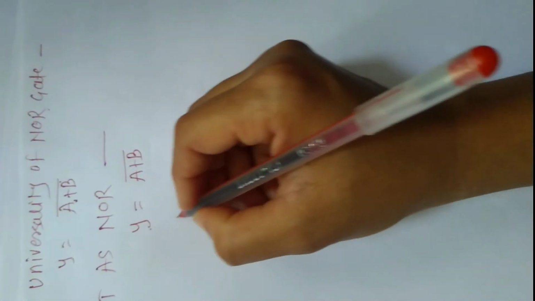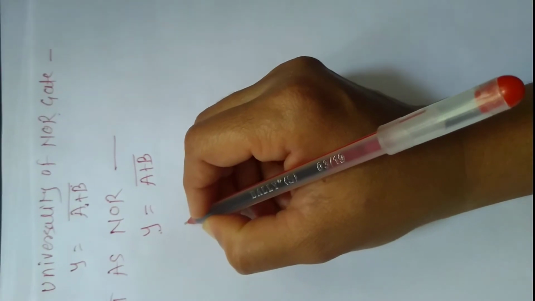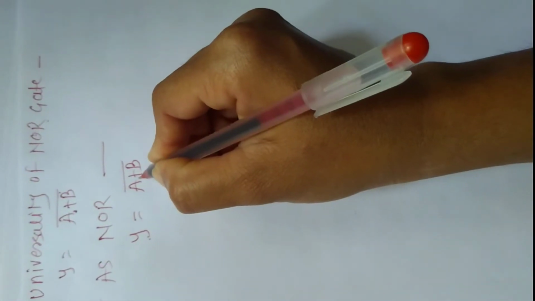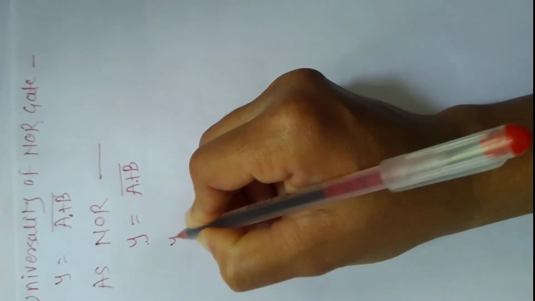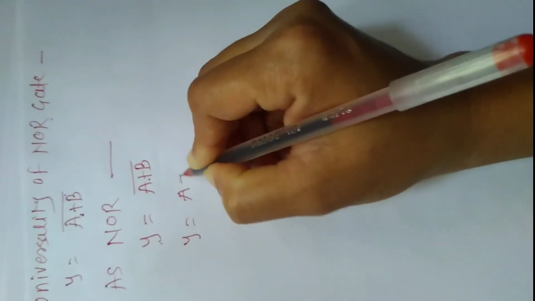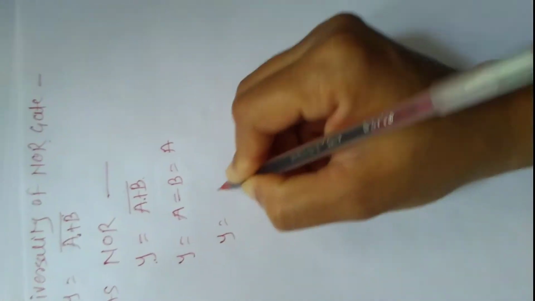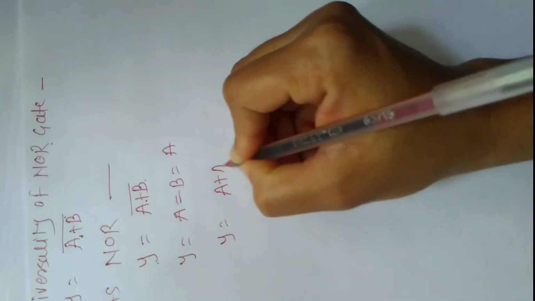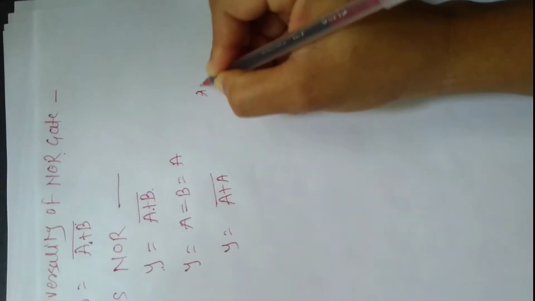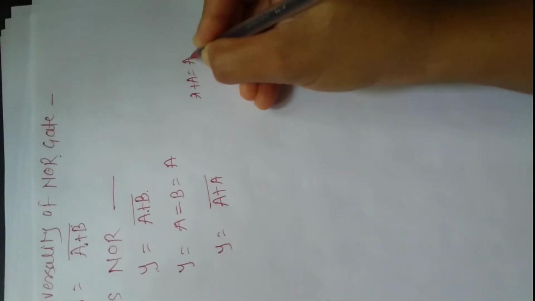The expression of NOR gate is y is equal to a plus b bar. But a NOT gate has only one input, while here there are two variables. So in this expression, put a is equal to b is equal to a. So this expression is represented as y is equal to a plus a bar. There is a law, a plus a is represented as a.